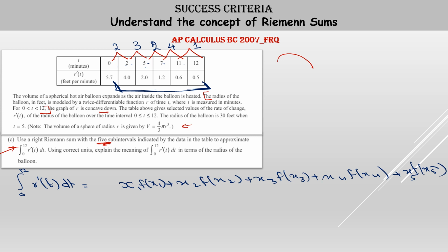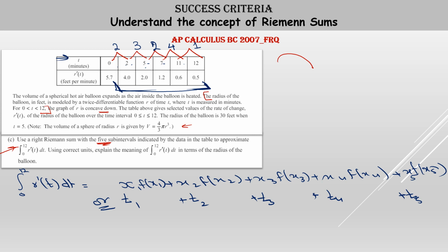In your scenario, you can write t in place of x, t1, t2, t3, t4, t5, but only do that when you are confident about your understanding. And now it is r prime of t.